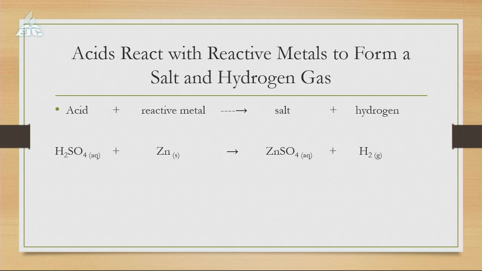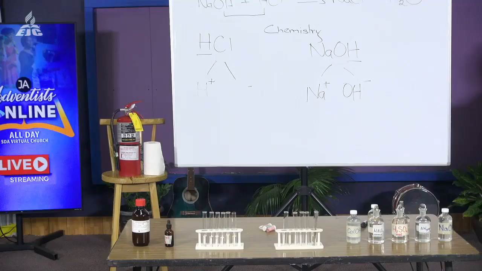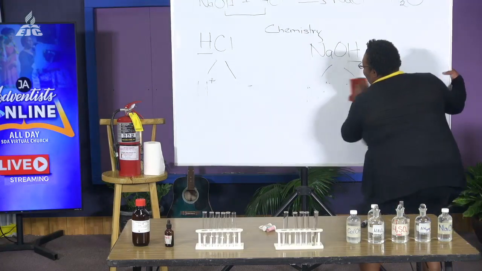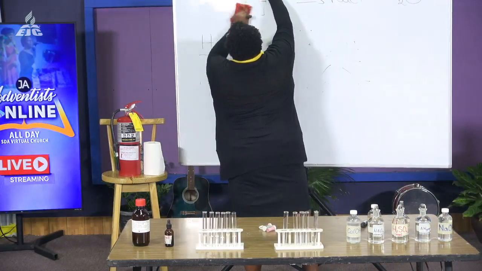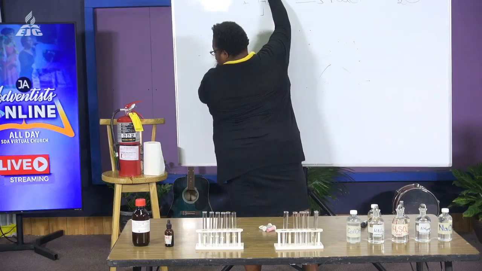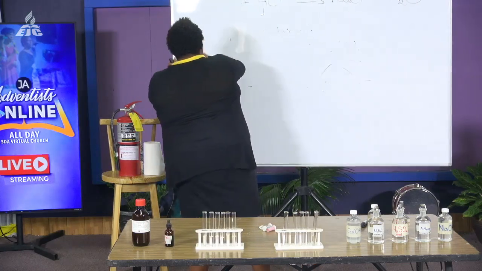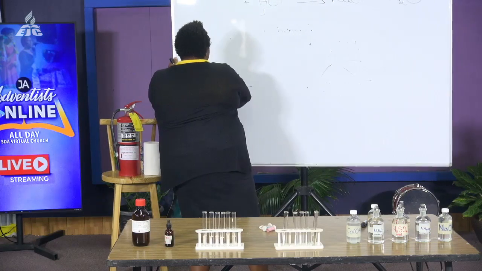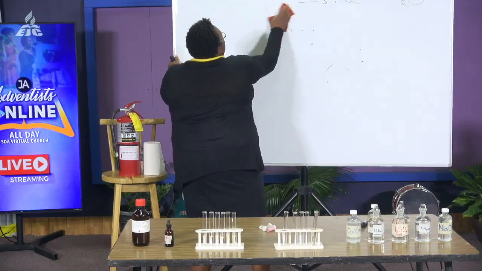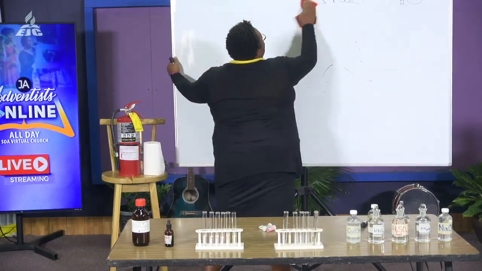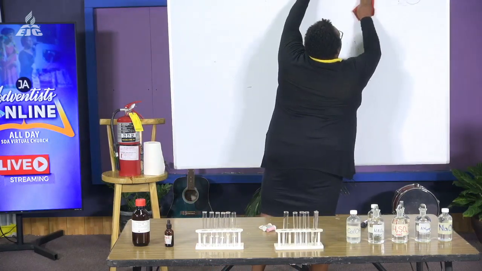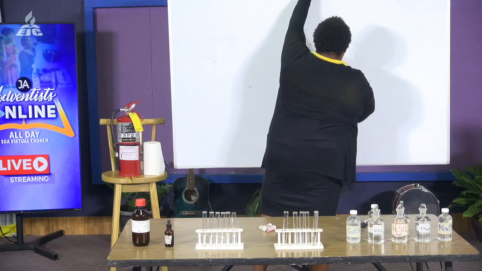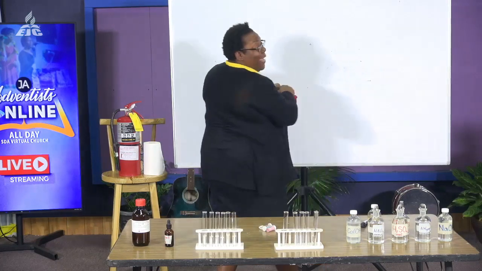All right, let us look at another example. If you will go with me to my whiteboard. All right, so we said an acid and a reactive metal gives us a salt and hydrogen gas. Because we just used sulfuric acid, I'm going to use another one.